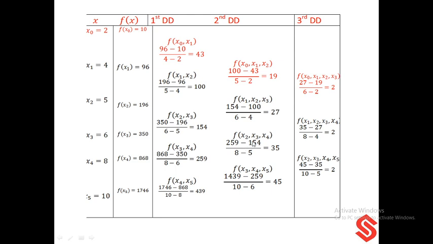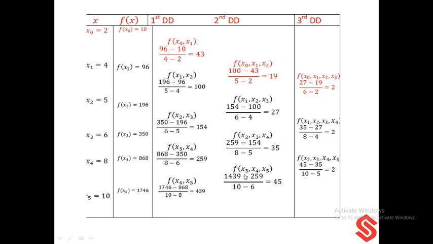Next, f of x2 x3 x4 is defined as f of x3 x4 minus f of x2 x3 divided by x4 minus x2, that is 259 minus 154 divided by 8 minus 5 will get 35.